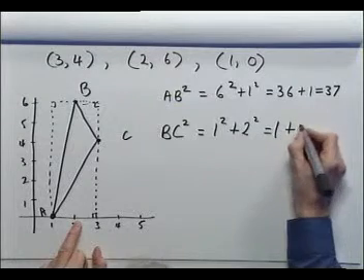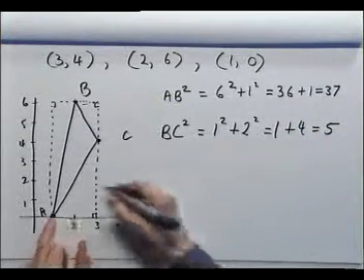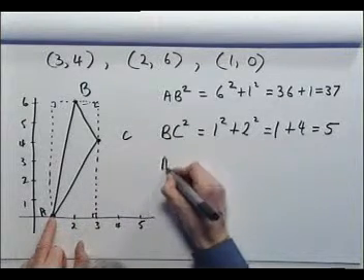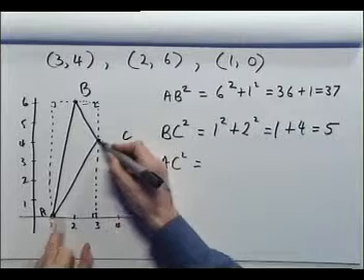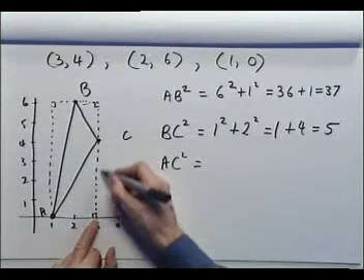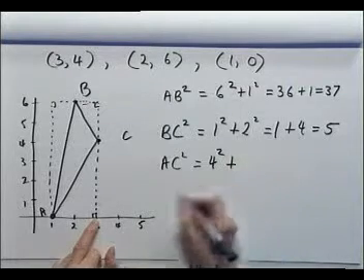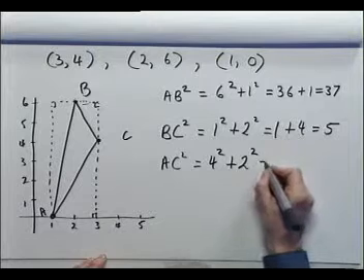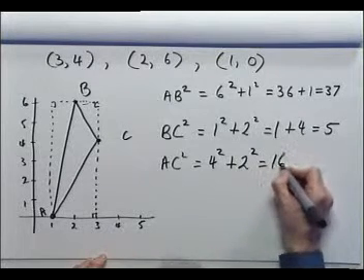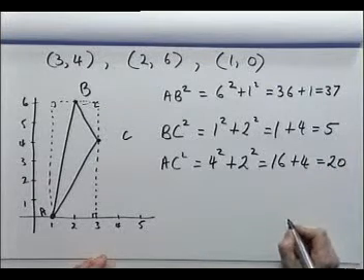That's 1 plus 4 gives me 5. Finally, let's do AC squared. And again, I can see that this length here is of length 4, so that's 4 squared, plus the square of this length here, that's 2 squared, is equal to 16 plus 4, and that gives me 20.